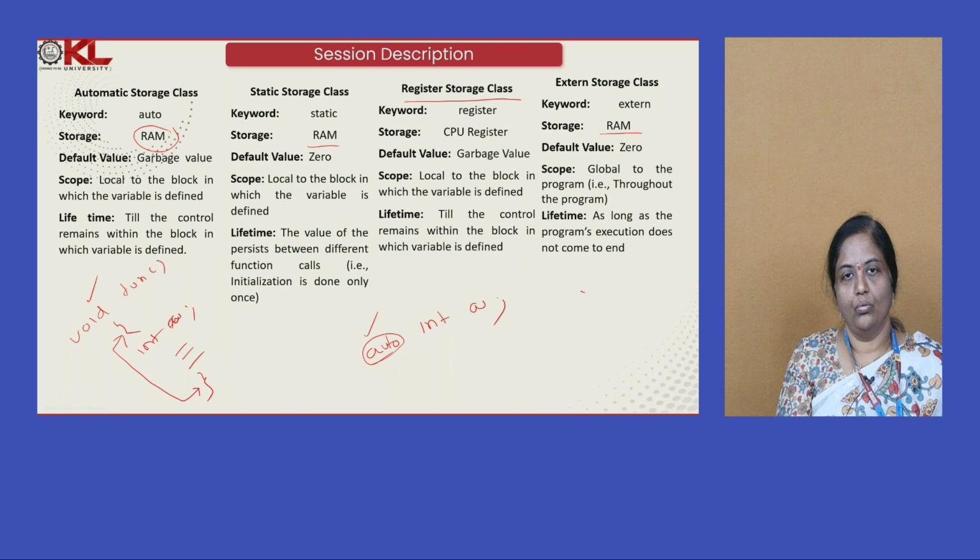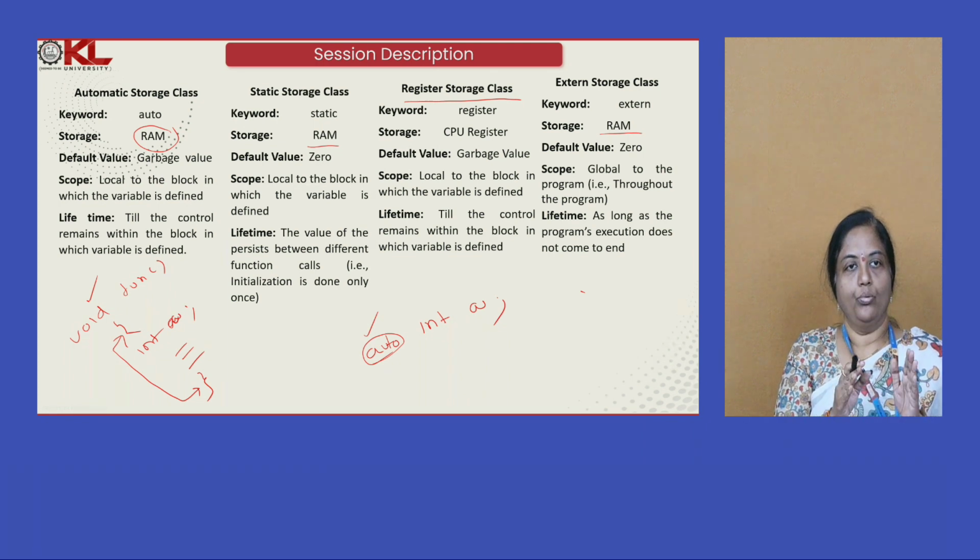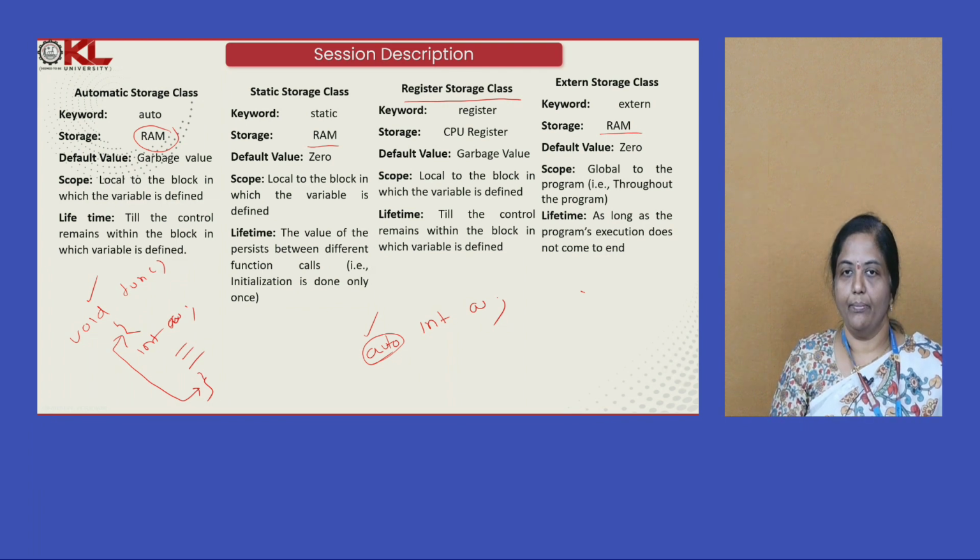And the initial value for auto variables and register storage class variables is garbage. If you don't initialize, they retain garbage values. Both auto and register storage classes are the same. Their scope, visibility and lifetime is confined to the block where it is defined.